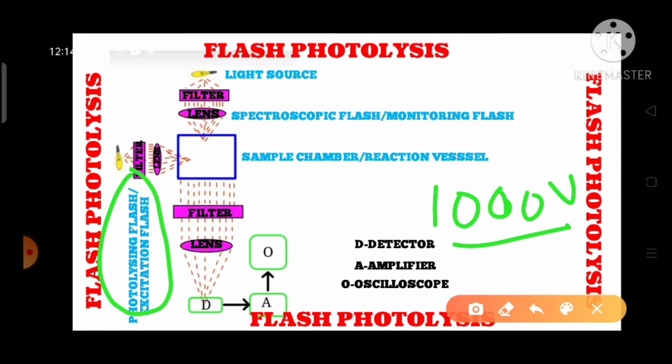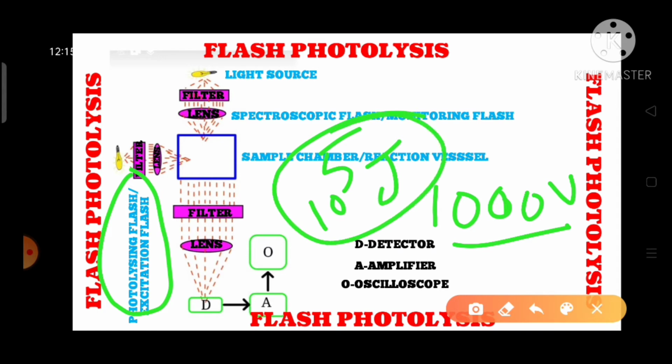The energy of this flash is about 10 to the power of 5 joules, and this flash exists only for 10 microseconds. So a lot of energy is supplied to the sample chamber or reaction vessel for a very short time.